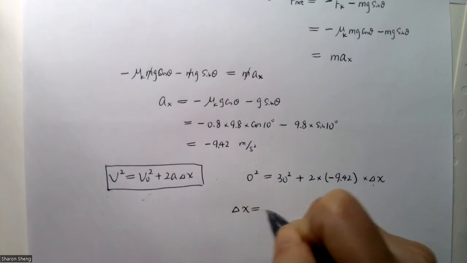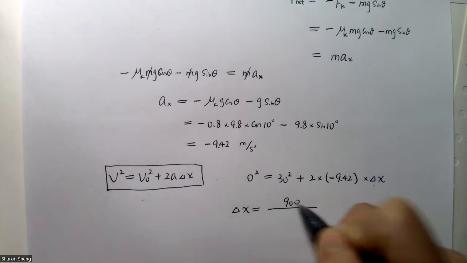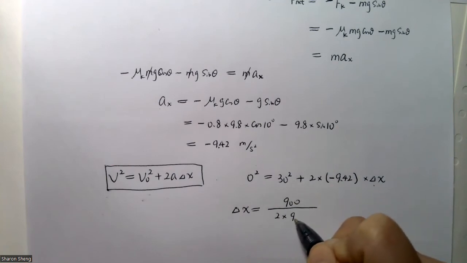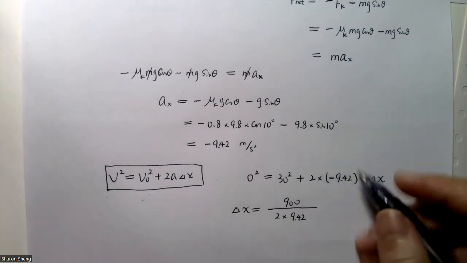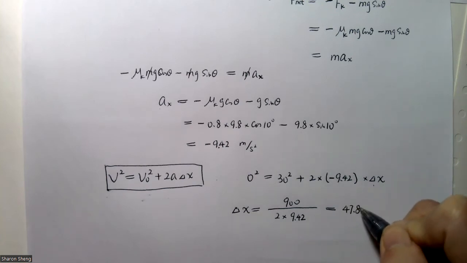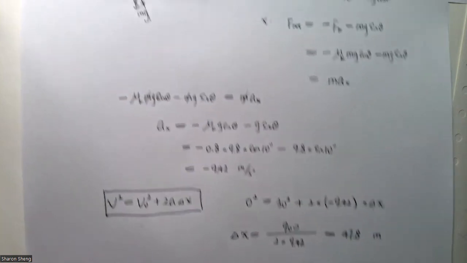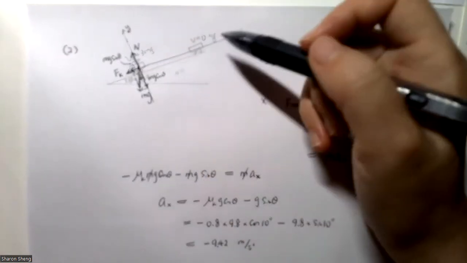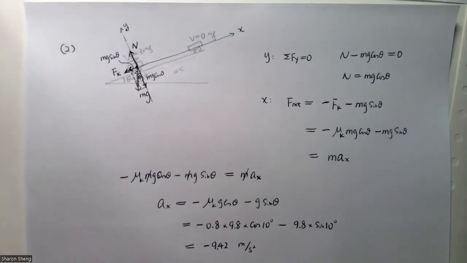We got delta x equals 30 squared, 900, over 2 times 9.42. We move this to the left, this negative sign disappears. And do the calculation. We got delta x equals 47.8 meters. So that means if the car is moving upward, when the brake is on, it will move a shorter distance than the leveled road.